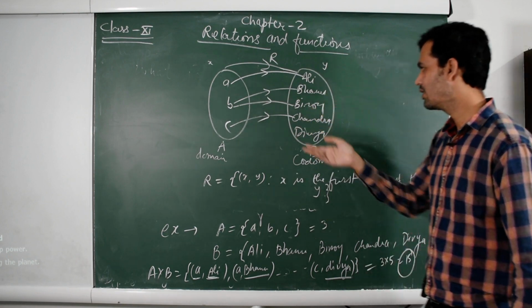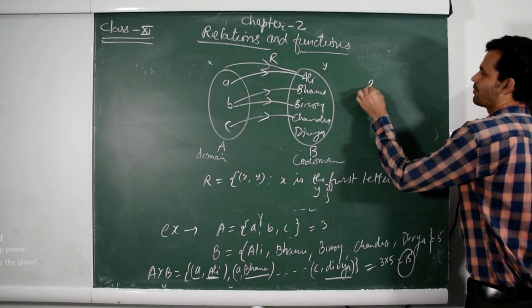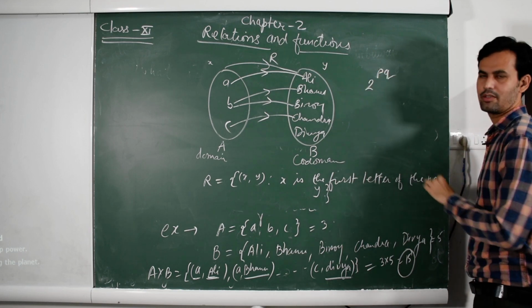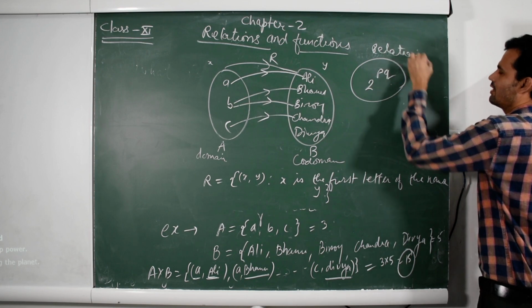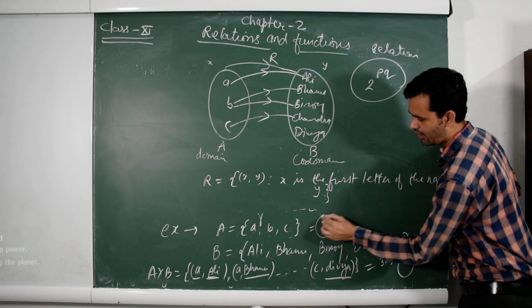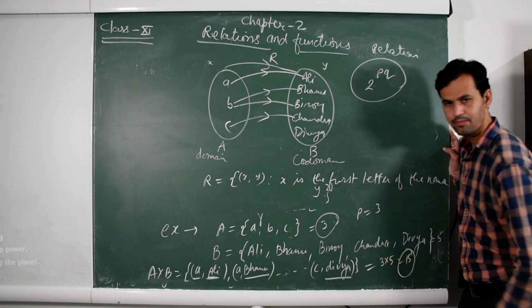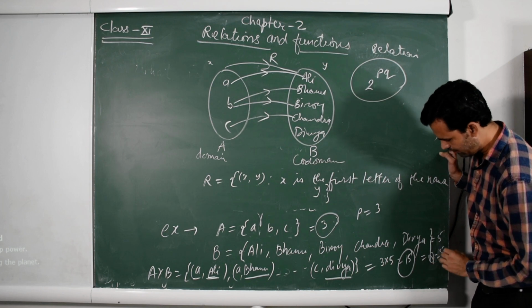How many relations do we have from any ordered pair? We have 2 to the power PQ relations. Here we have 3 elements in A, so P equals 3. In B we have 5 elements, so Q equals 5.